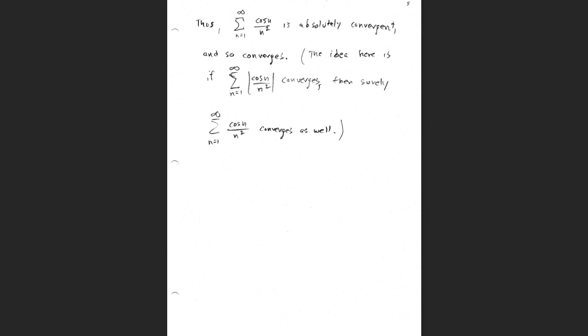And so let's go ahead here and say, okay, well, I want to say this the right way. Hold on one moment. So I'm saying here that the series where we have the absolute value of the cosine of n over n squared, those terms, that converges.